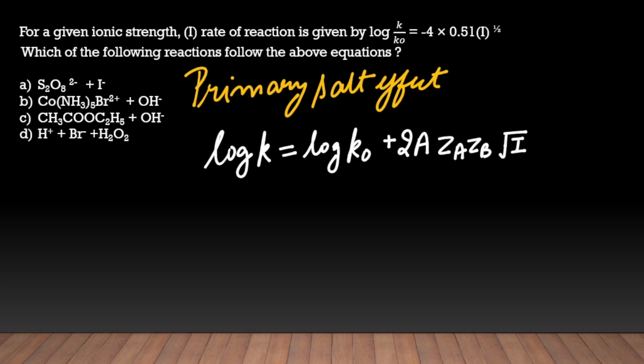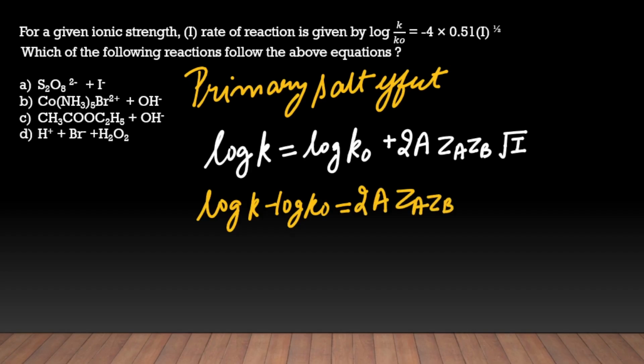This is the expression. So you can see log of K minus log of K naught is equal to 2a times ZA into ZB into the root of ionic strength, right?